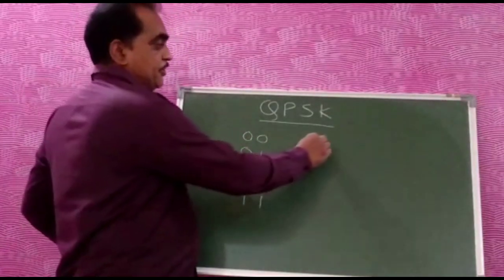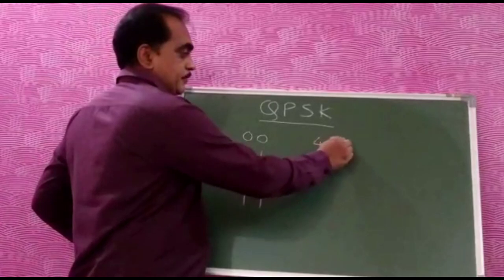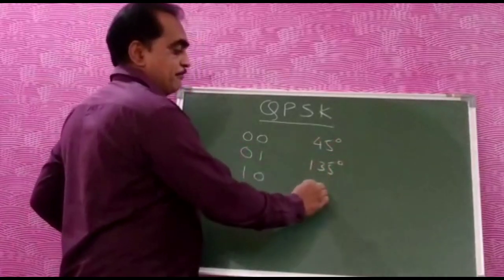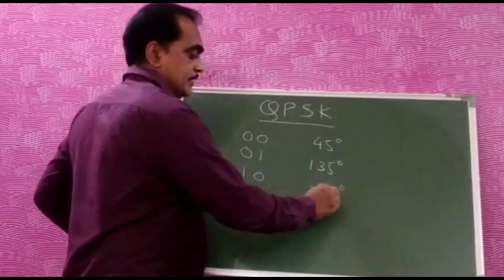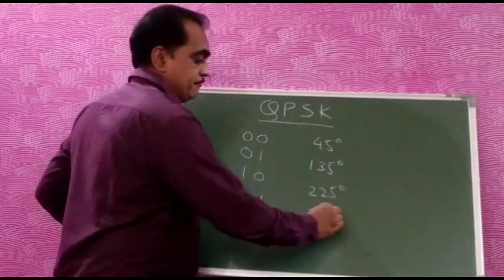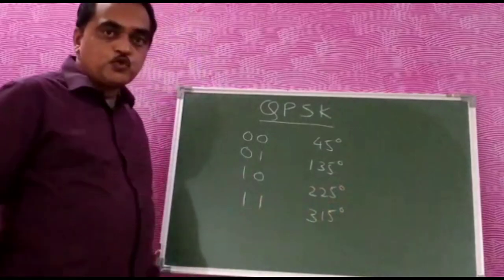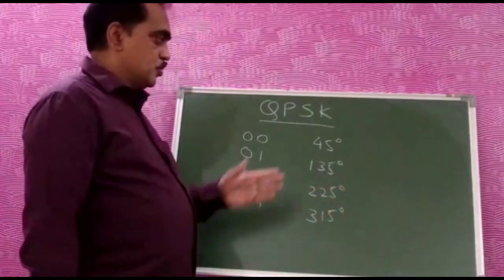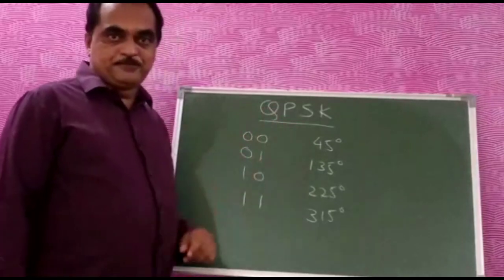Say a phase shift of 45 degree, 135 degree, 225 degree, and 315 degree. So between every phase shift there is a difference of 90 degree, and we have 4 phase shifts.